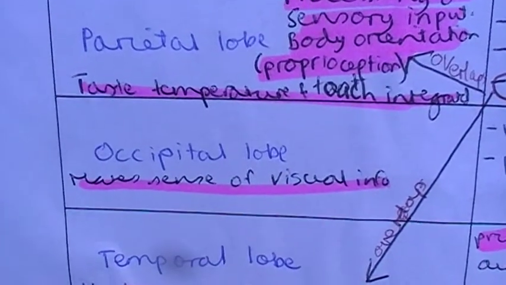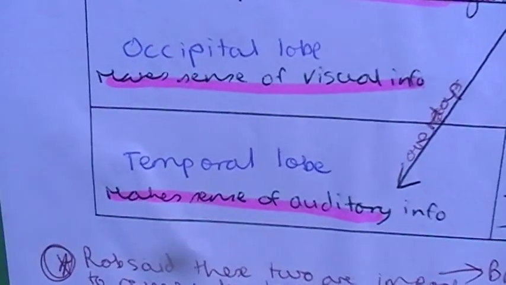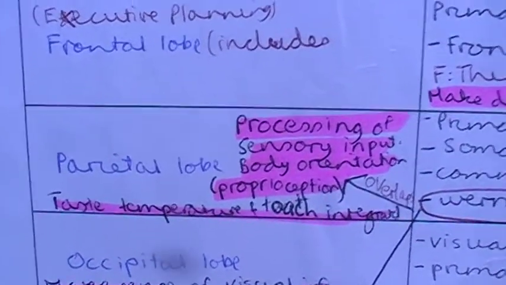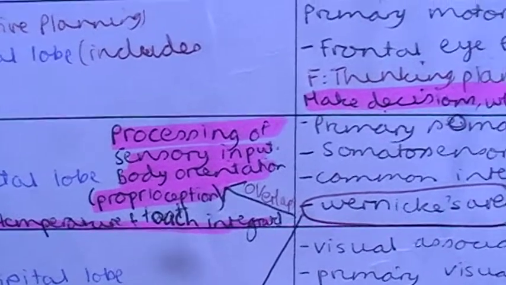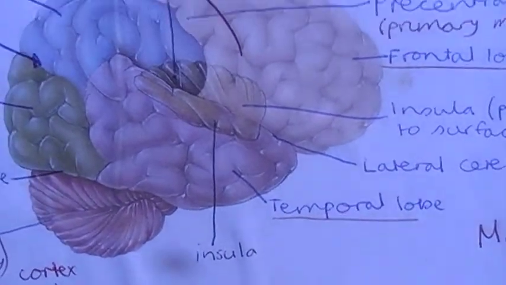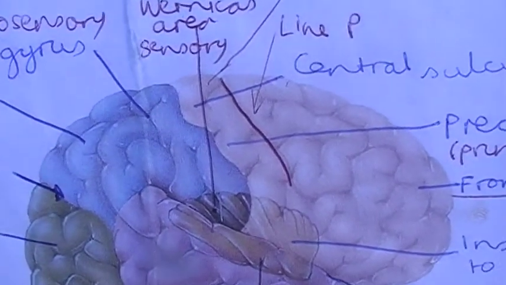Occipital makes sense of visual information, temporal makes sense of auditory information, and parietal is the integrative area. Parietal is the integrative area.